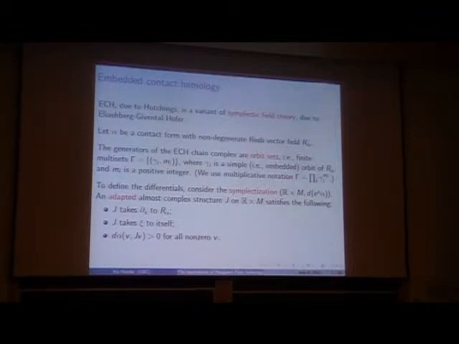Maybe at this point, the first thing to notice is the following. If you have a periodic orbit of the Reeb vector field, and you cross it with R, then this thing, usually called a trivial cylinder, is actually holomorphic.